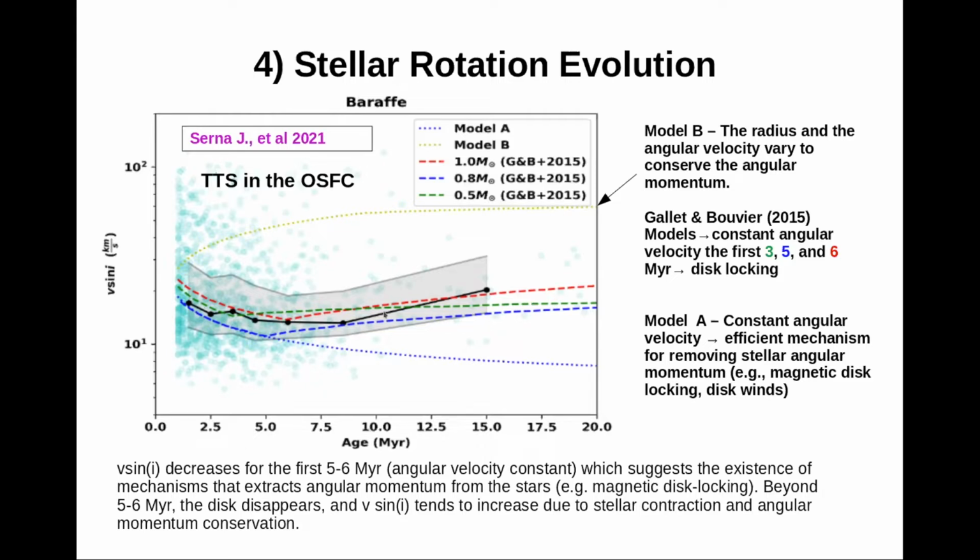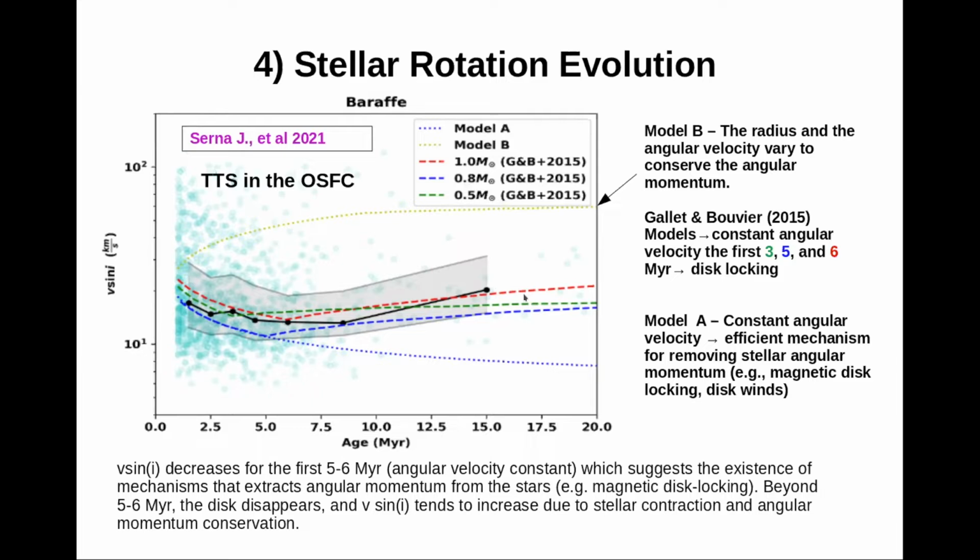The solid line shows the median value in each bin, and the shadow region includes 50% of the entire sample. The observed trend followed a general trend similar to the Gallet and Bouvier models that are the dashed line here.